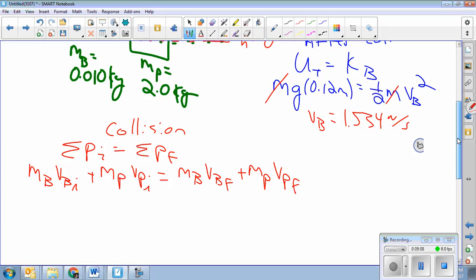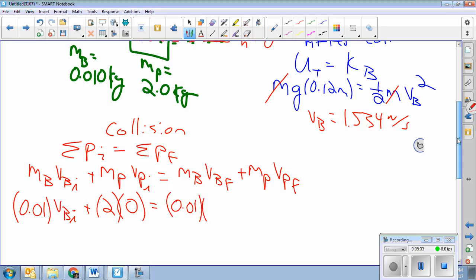So let's see, the mass of the bullet was 0.01. I'm going to skip my units because I know everything's going to work out. Everything here is metric. We're looking for the velocity of the bullet initial, as Patrick said. The mass of the pendulum was 2 kilograms. The velocity of the pendulum initially was nothing. That's got to equal the mass of the bullet, which is 0.01, times what's its velocity after the collision? 1.534.